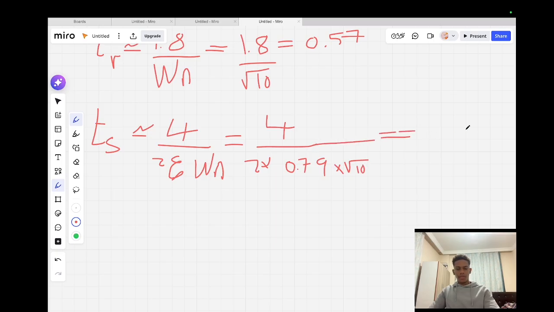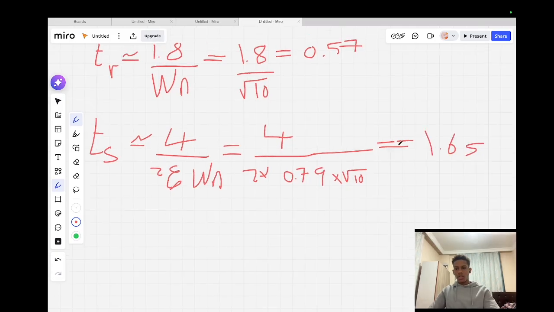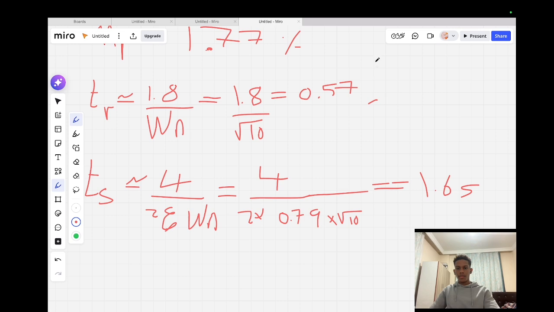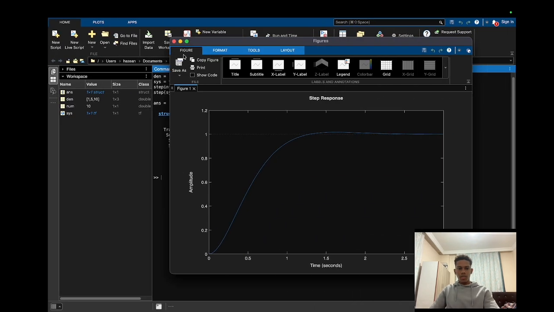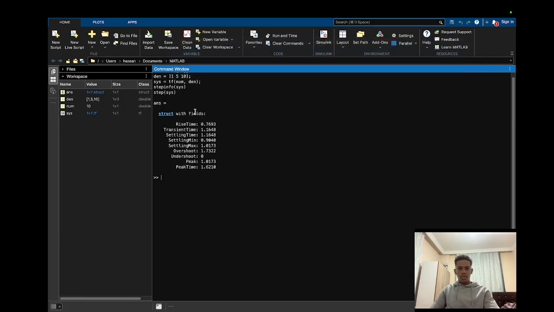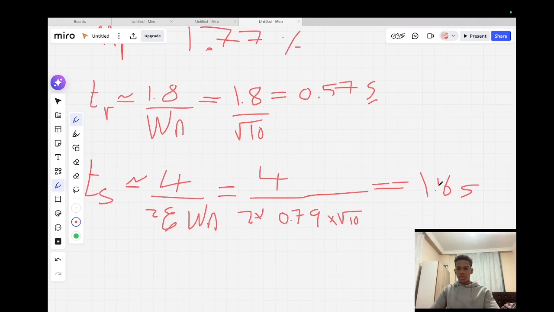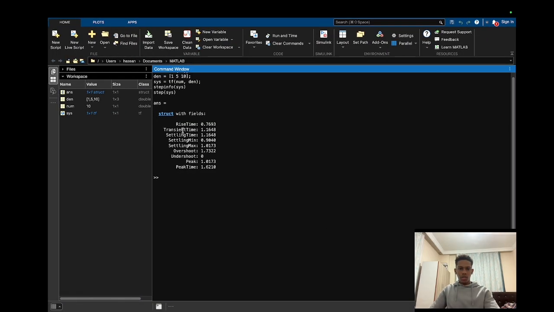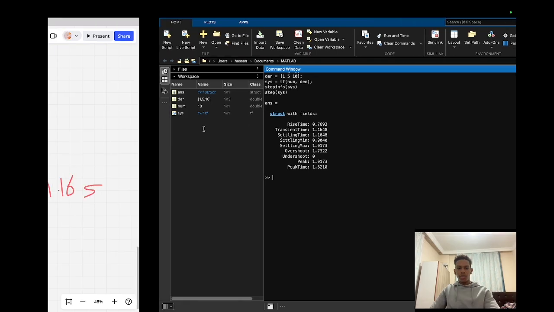It should be 1.6 seconds, and here we have the simulation. So the settling time is 1.16. Also, the rise time here is 0.7.